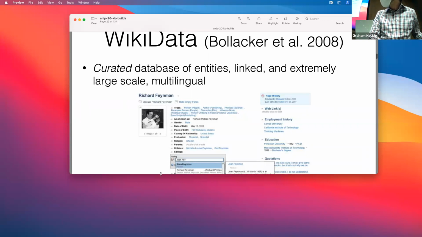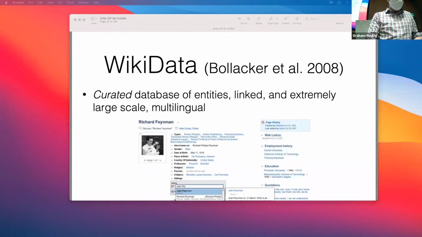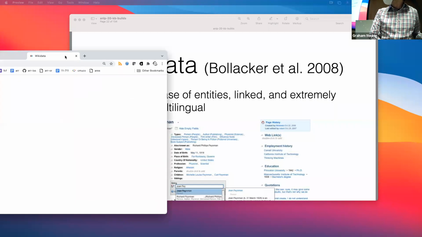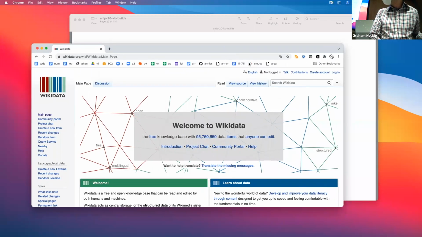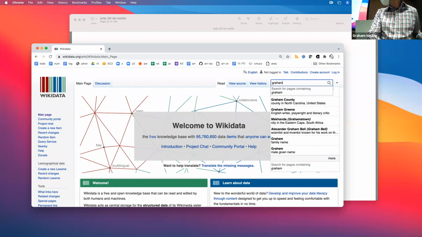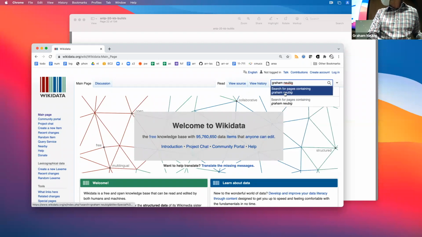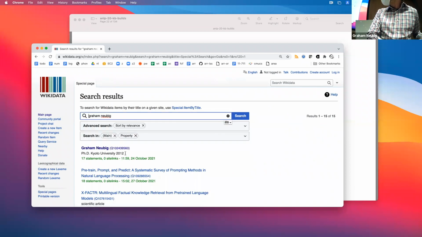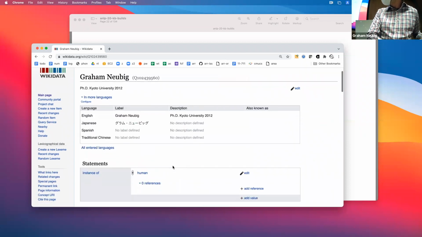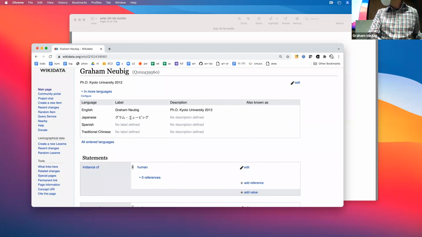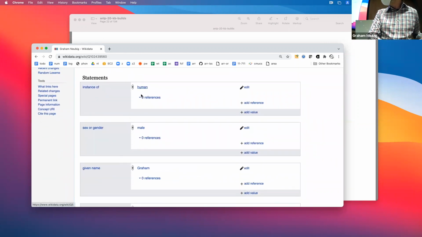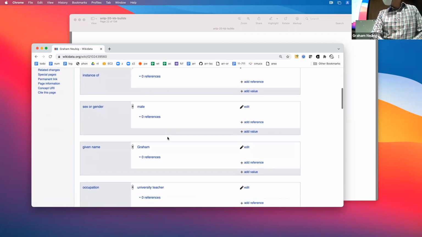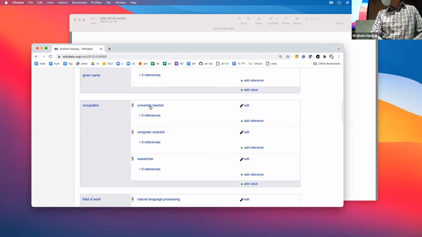And in preparing the materials, I actually checked to see what Wikidata knew about me. And it knows my English name, my Japanese name, that I'm human. Pretty good, I didn't know that before I looked it up on Wikidata. Male, given name, that my occupation is university teacher, computer scientist, researcher.